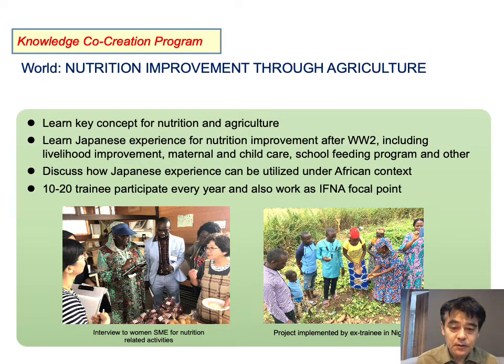And second, learn from Japanese cases for nutrition improvement, not only from agriculture but also collaboration among different sectors. And third, discuss how Japanese experience learned through the course can be applied in the African context, and design your own action plan at the end of the training course.